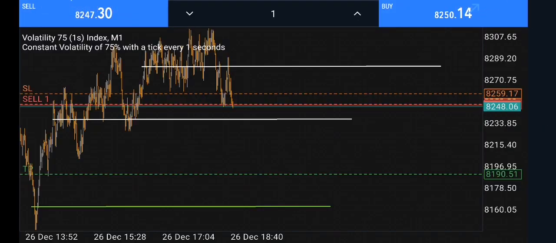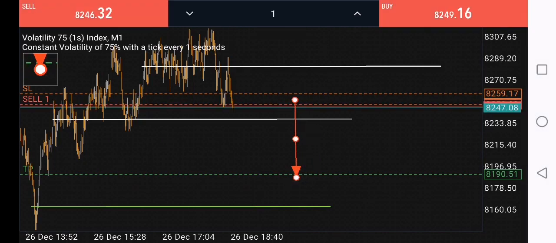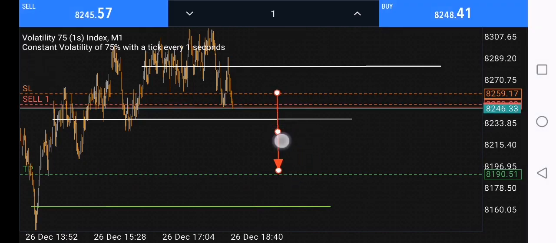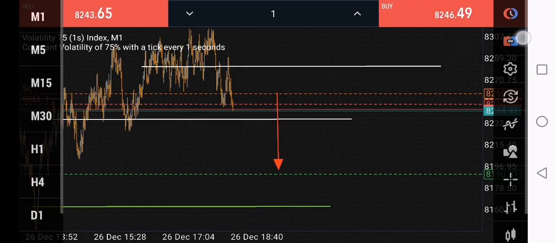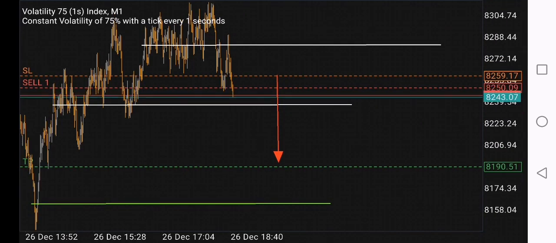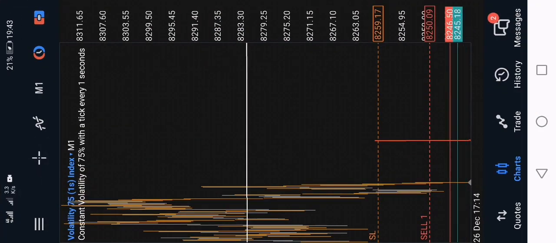So from what you see right now, my take profit is most likely going to be somewhere here. You might wonder why I'm doing this. There's confirmation that the market would sell, and that's what is happening right now.